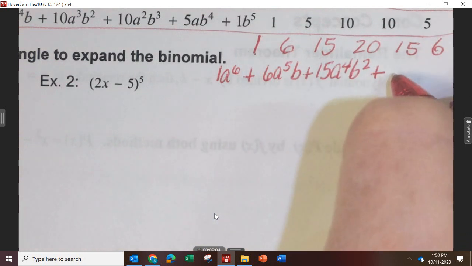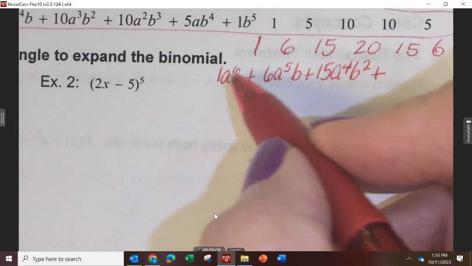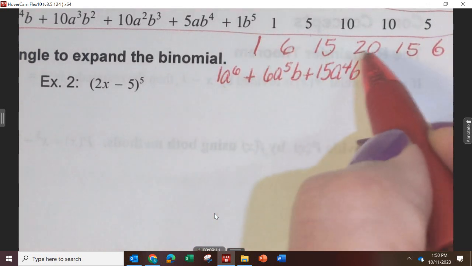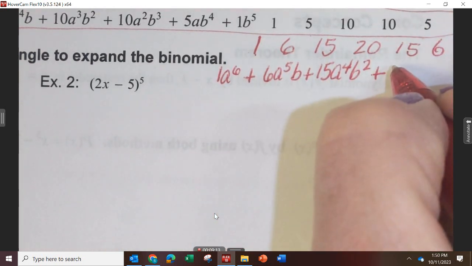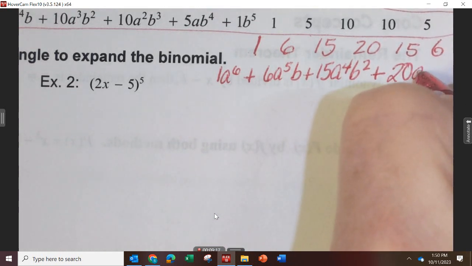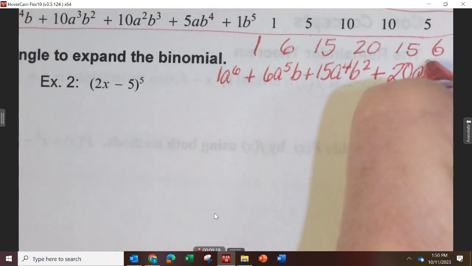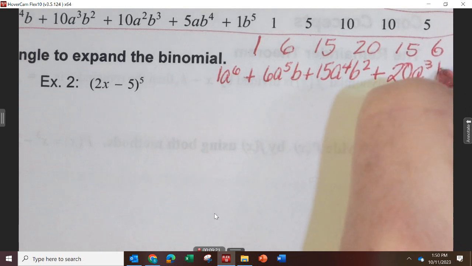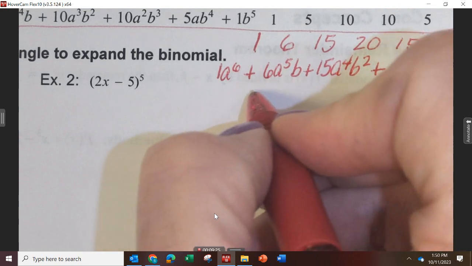Anybody new willing to share? Well, what's the next coefficient have to be? I've used 1, I've used 6, I've used 15. What's it have to be? 20. What's A going to have to go to? What power? 3rd. And what's B going to have to go to? 3rd.